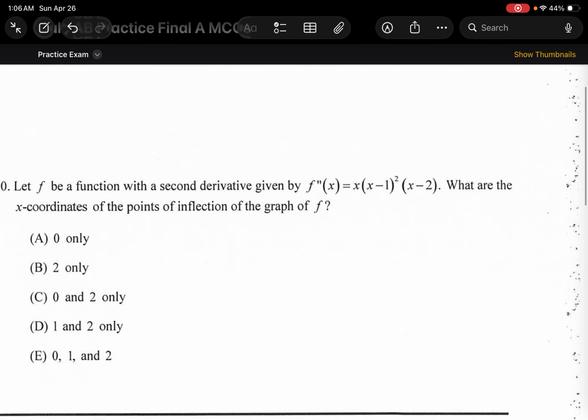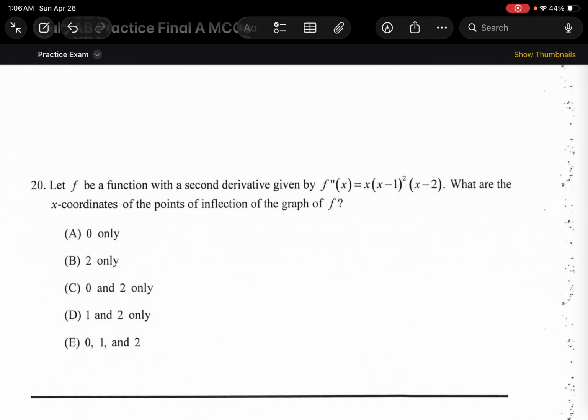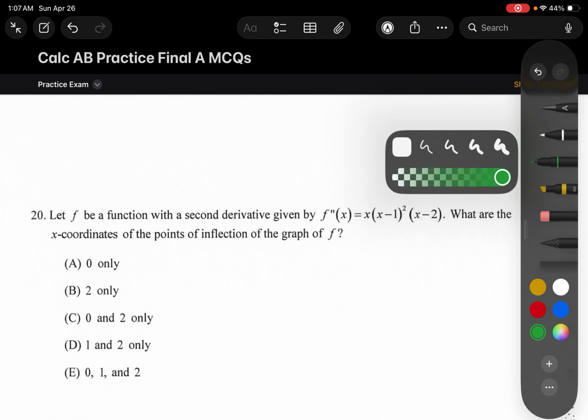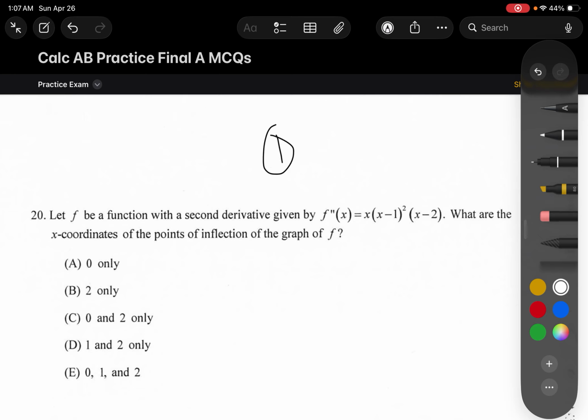And now we're trying to find, let f be a function with second derivative with this value given here. What are all the x coordinates where f changes concavity? So we have 3 possible x intercepts here. Remember that x-intercepts are also called roots and solutions.